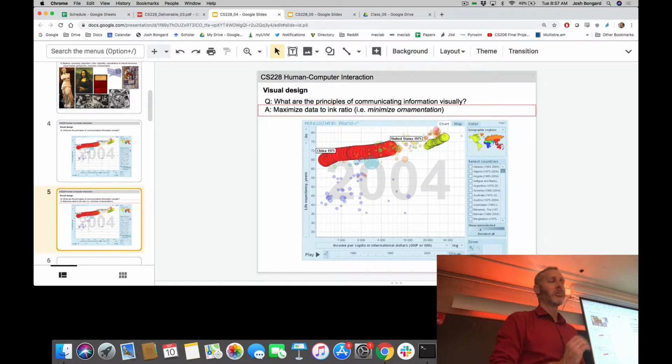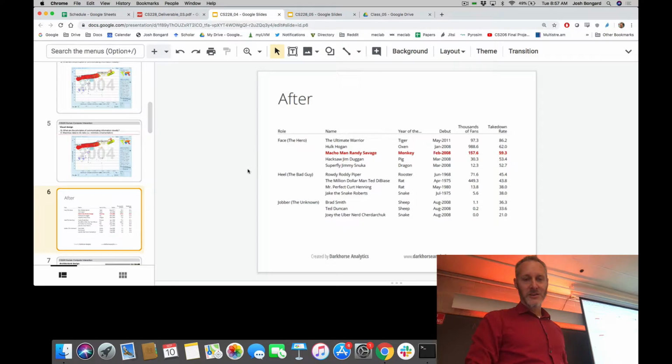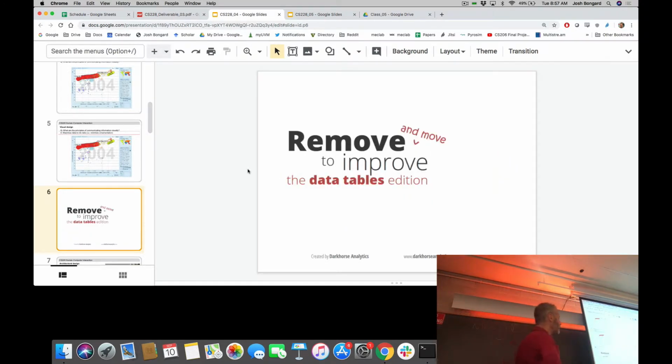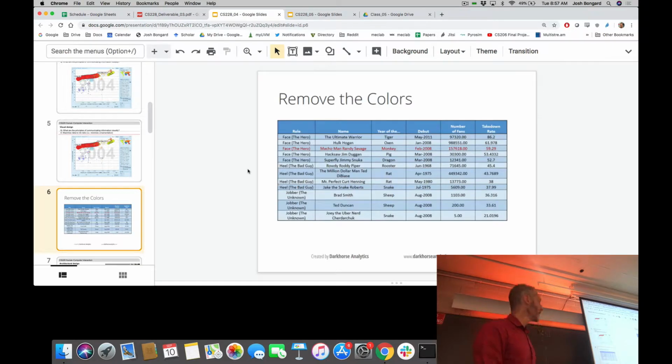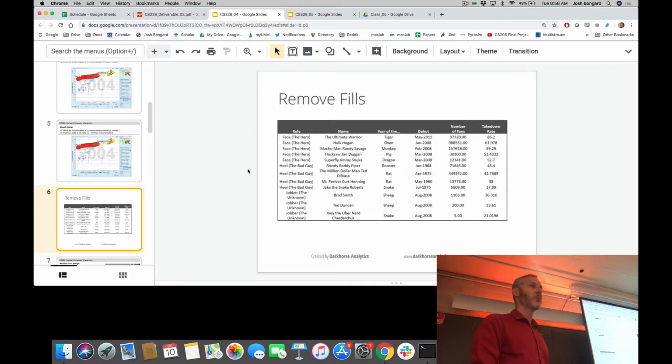There's sort of a general principle that you can pull out of visual design and apply to HCI. Okay, I love this animation. Let's see if it'll run. This is a little GIF showing how to improve the readability of this table, which is communicating very important information.